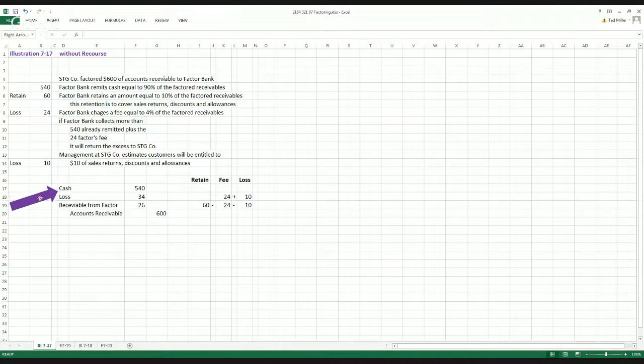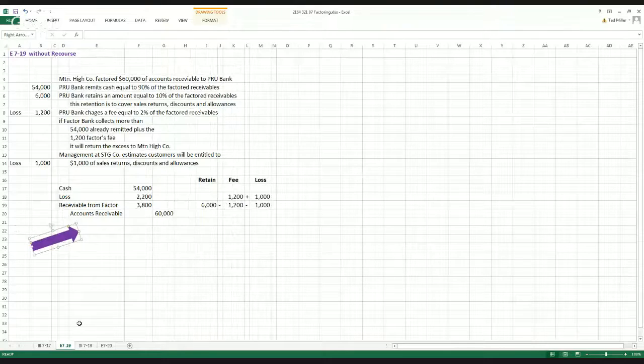The most important things are, we receive cash less than the amount of the receivables we take off the books. We're going to have a loss. In this case, the loss is comprised of the 4% fee and our best guess of the sales discounts, allowances, and returns, and the remainder of that 10% retention, the $26, we're hoping to get back from the factor.